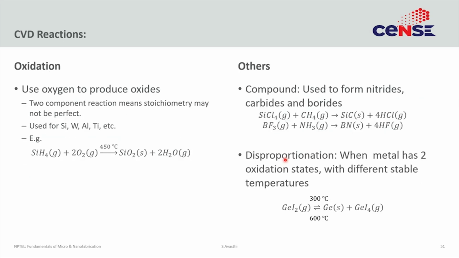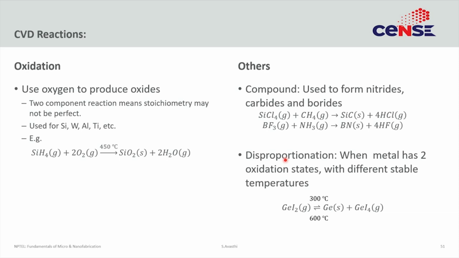The next two classes that are less common but still must be discussed are oxidation and the general class of others. Oxygen often tends to produce oxides, which is obvious. Most oxides are not semiconductors, or at least not popular semiconductors, so oxidation as a technique in CVD is often less used.